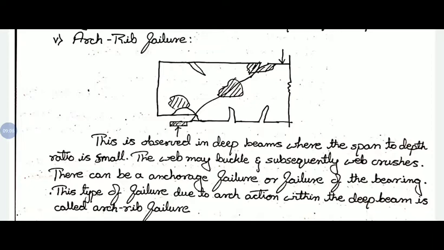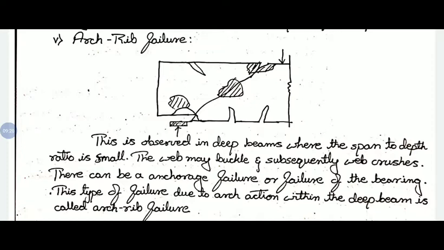So the web may buckle and subsequently web crushes. Buckling of web may occur. This web buckling you might have observed in steel design, so the same concept we are applying here. The buckling of web may occur, or the concrete in the web portion will get crushed and loses its strength.